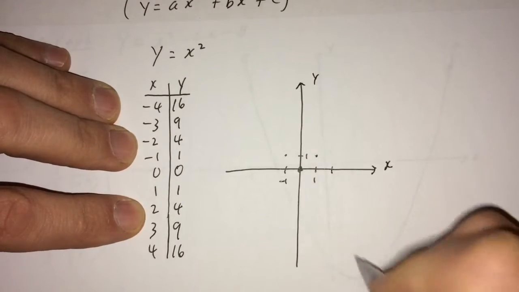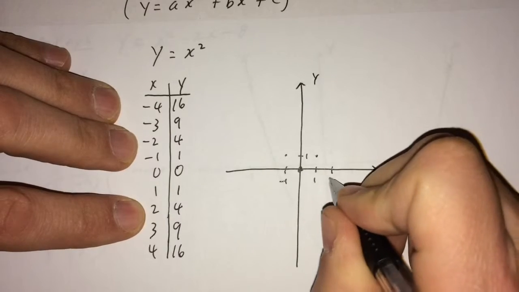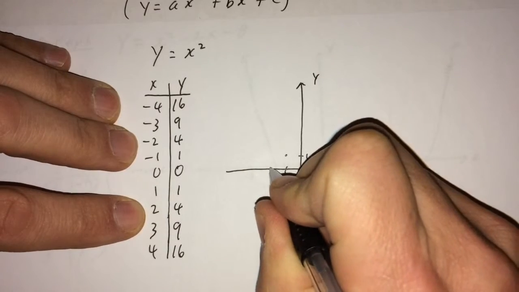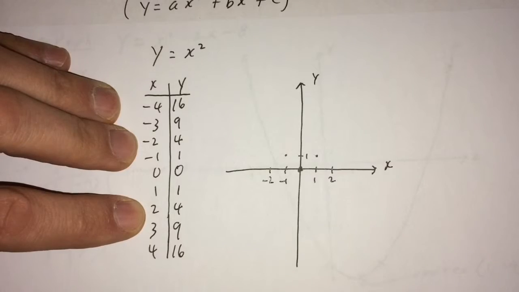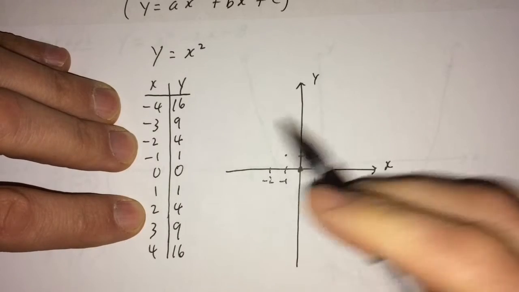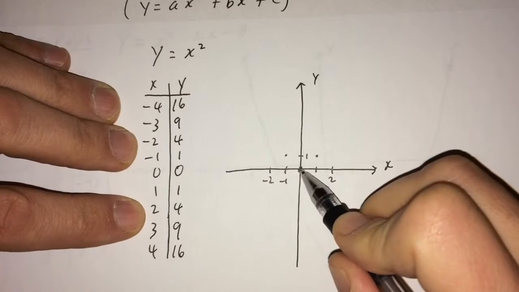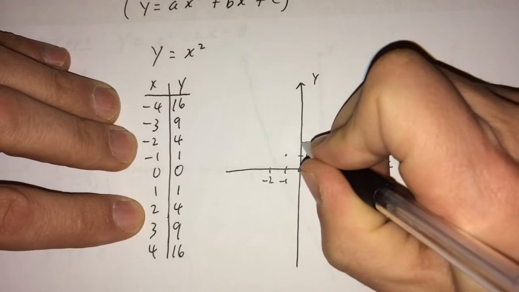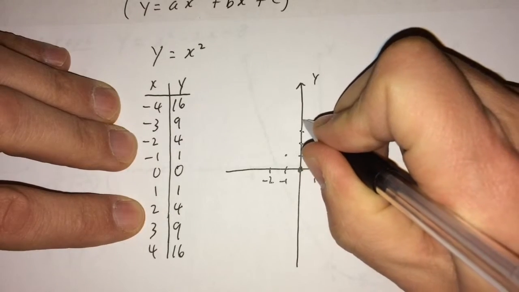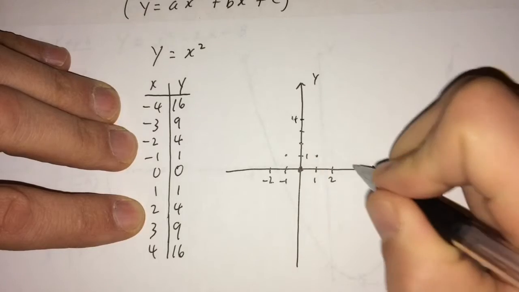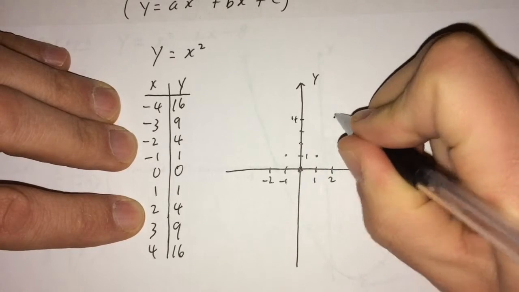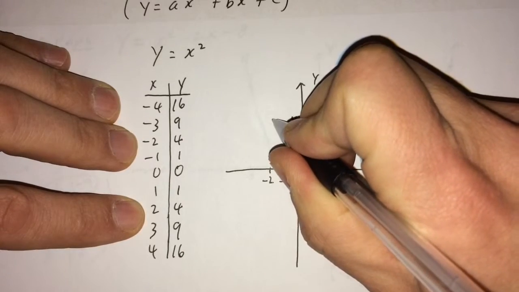Okay. If we go to 2 on either side, well, then the y-coordinate is 4. So you go over 2 from the 0, 0 point, then you go up to 4. Okay. So you plot a point there and there.